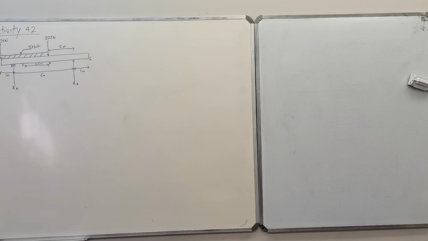Okay, let's do it. So, part A, they ask you to calculate the magnitude of your supports, RA and RB, right? Looking at this, we have two concentrated loads, one of 30 kilonewtons and one of 20 kilonewtons, and a uniformly distributed load of 15 kilonewtons per meter.